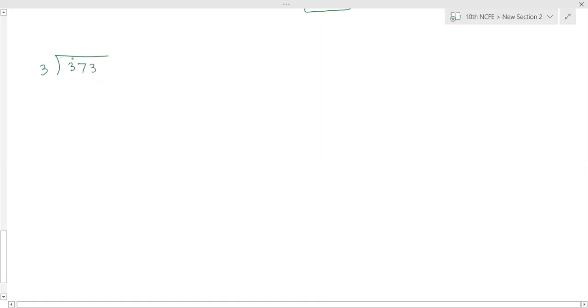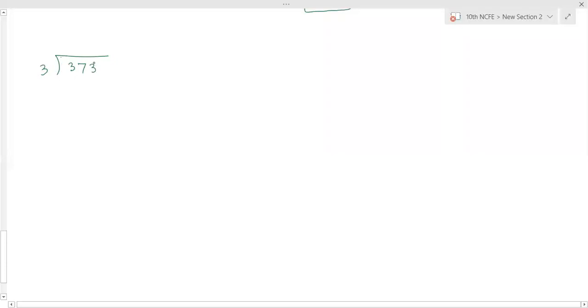Now I know that 373 is not divisible by 3. Now I need to subtract something so that this number is completely divisible by 3. So what should be done? I want a number which is exactly divisible by 3.